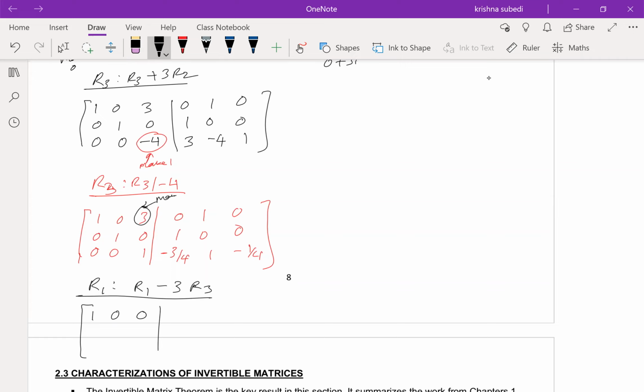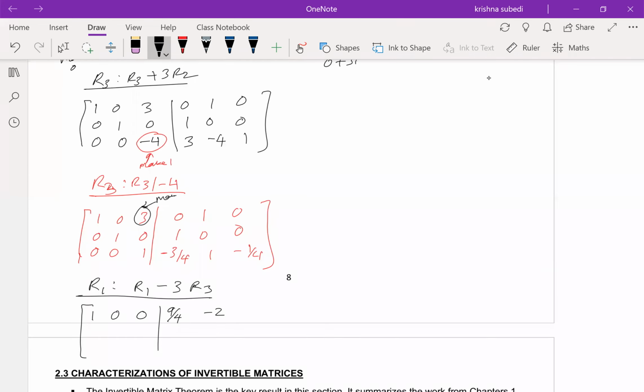Positive 9 over 4, is that right? Yeah, 9 over 4. And that guy will be R1 minus 3, negative 2?